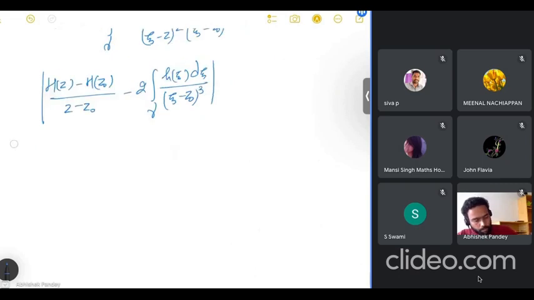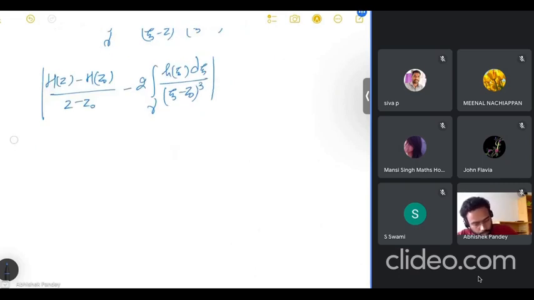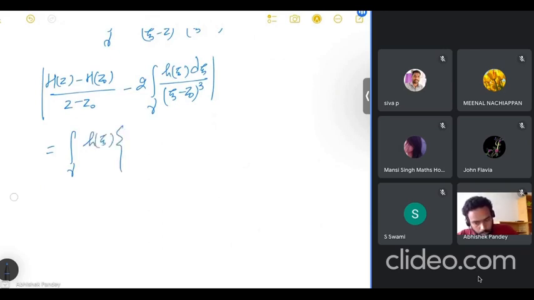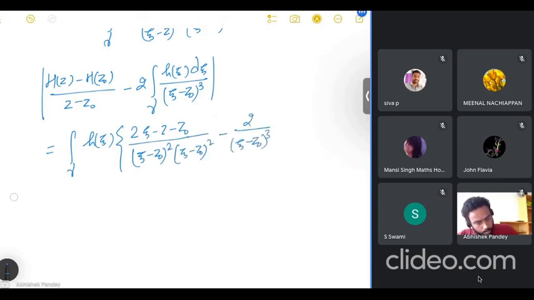So this thing we need to calculate. What is this? We will get it as the integral over gamma of h of xi times (2 xi minus z naught upon xi minus z naught whole square, and 2 upon xi minus z naught whole cube) d xi.